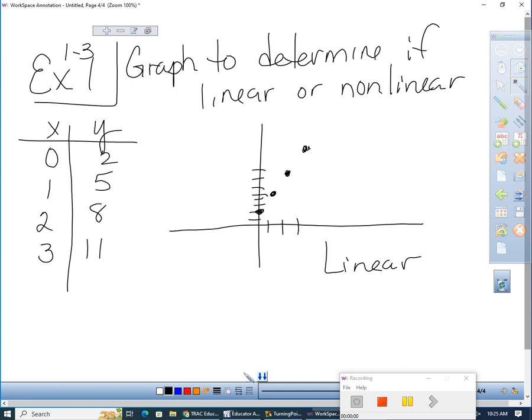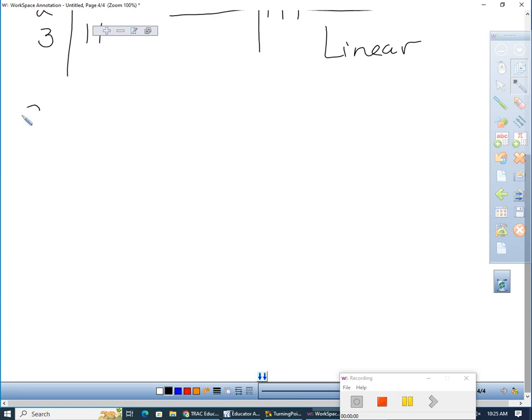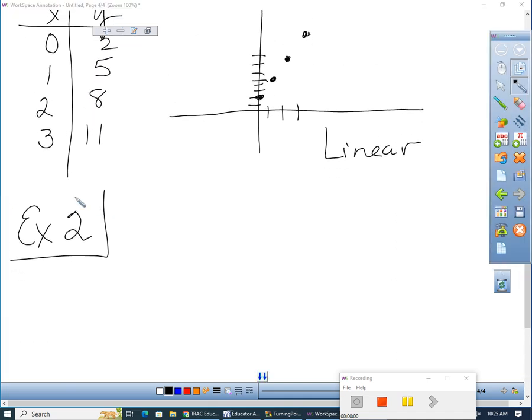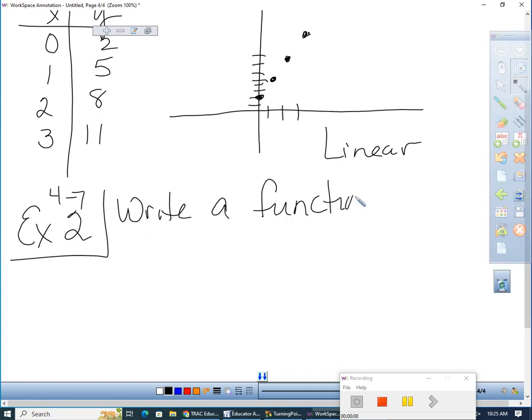Okay. Example number 2. This is going to be 4 through 7. Write a function rule for the given points.